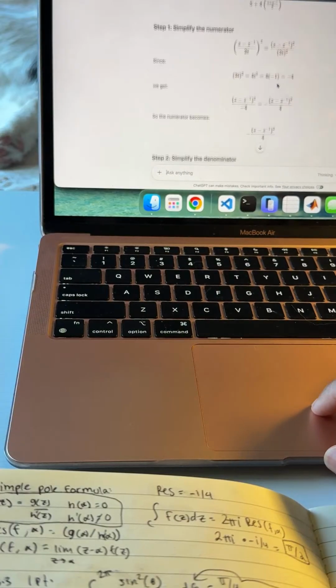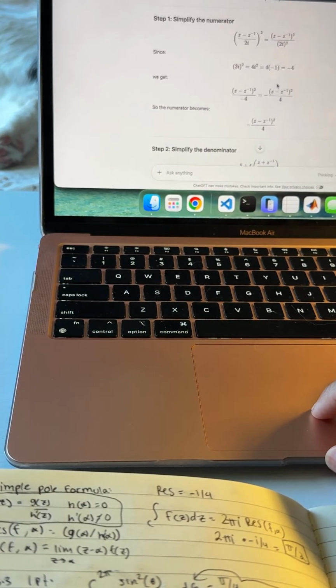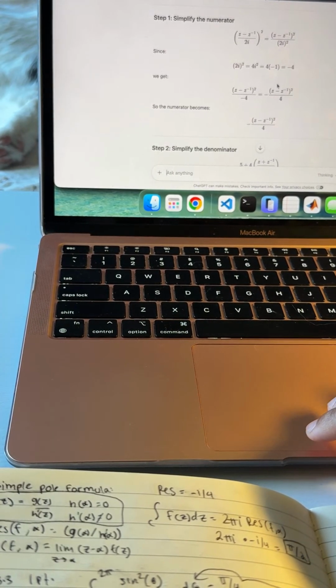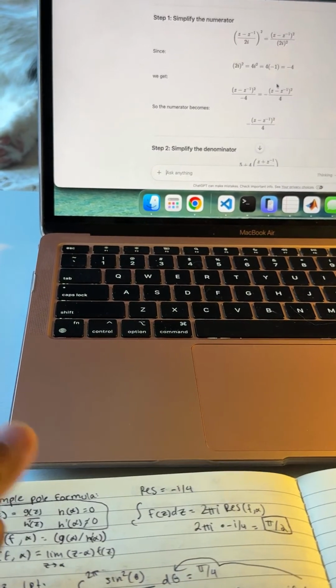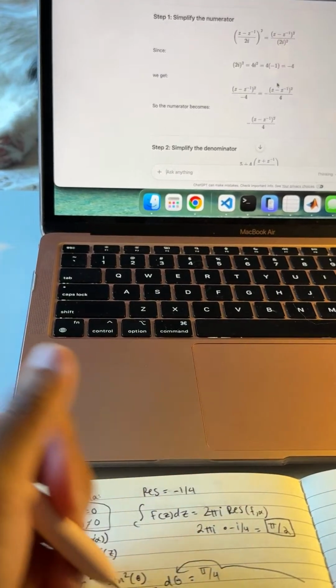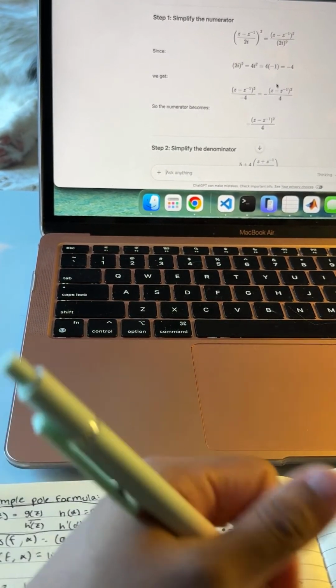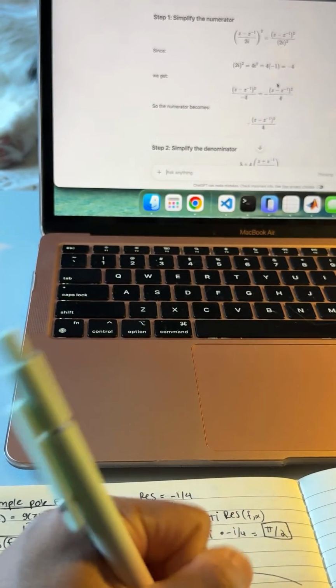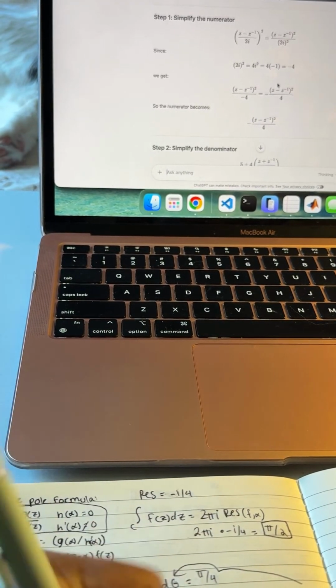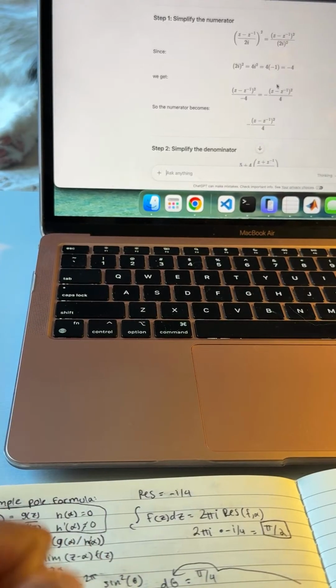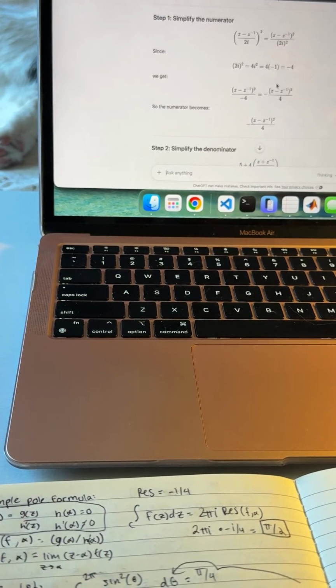Oh no, that's step 2. Yeah, I was solving the denominator first. We don't gotta do that. All this is not required. I wish my finals were crossed out like this. Like, that's not required.